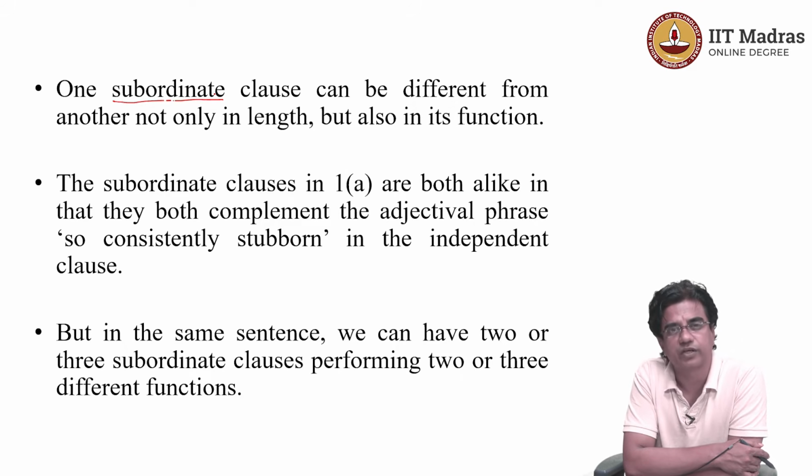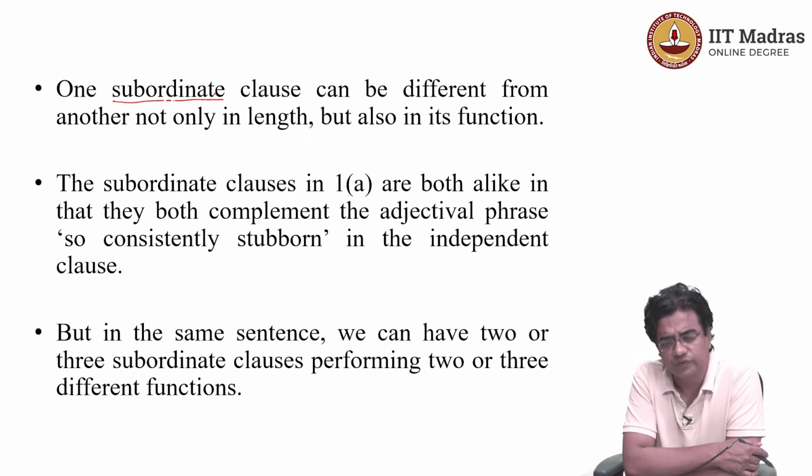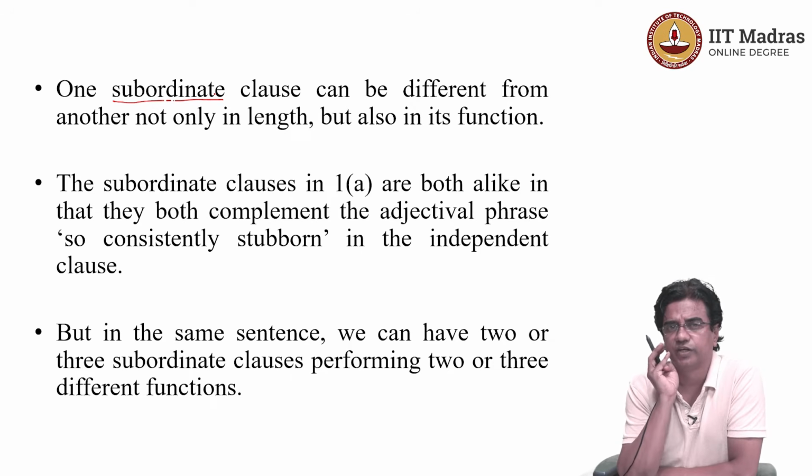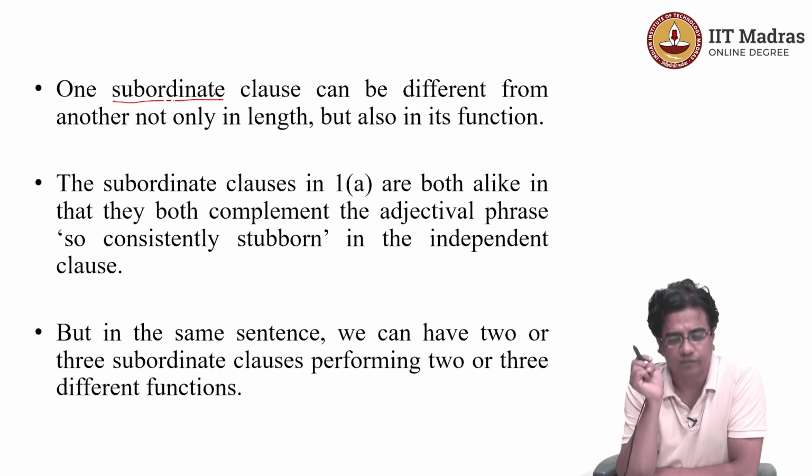A subordinate clause can have a function of a noun as an object. A subordinate clause can be functioning as an adjective in modifying a noun, or a subordinate clause can be giving you additional information, being an adverbial clause. That is, a subordinate clause can have nominal function, adjectival function and adverbial function.